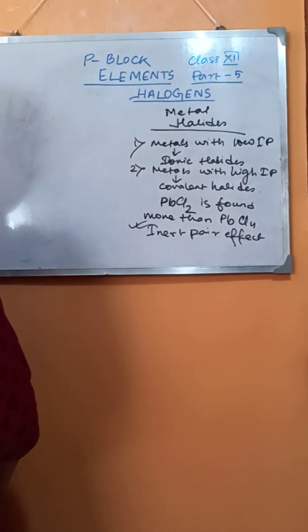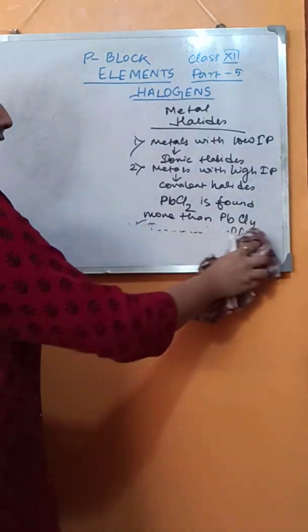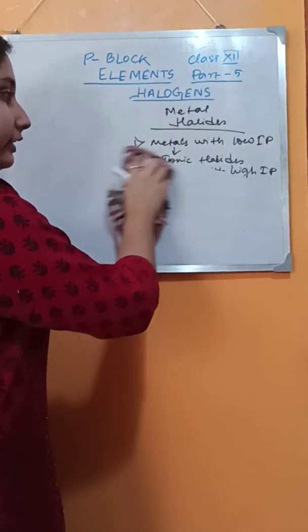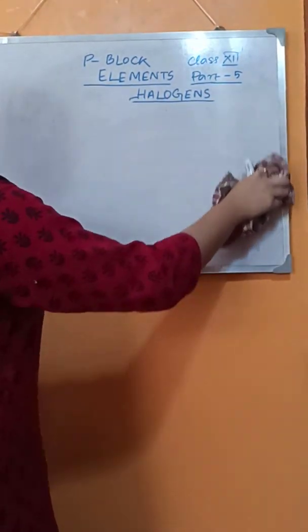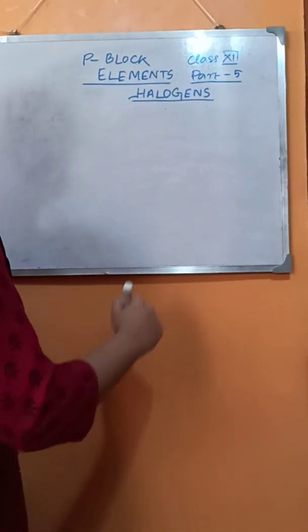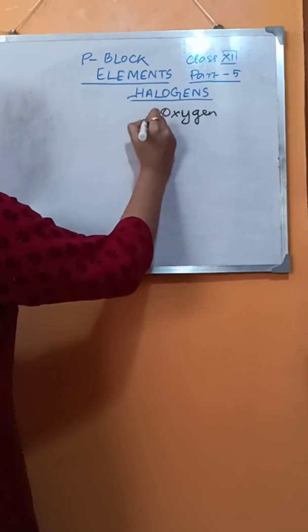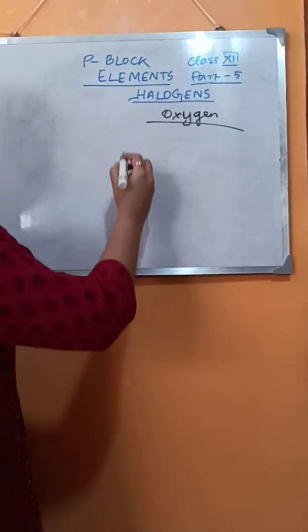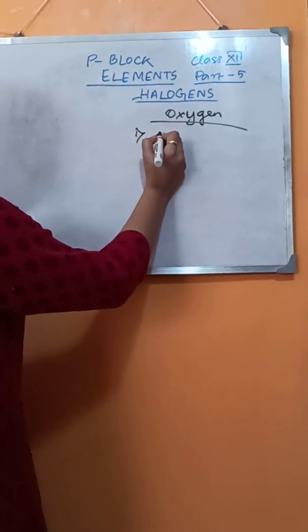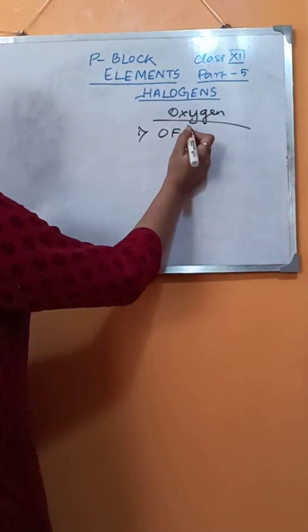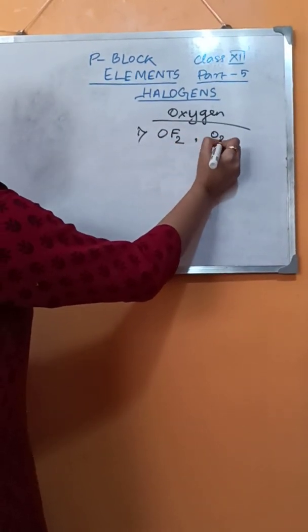Okay, the next part is the reaction with oxygen. Reaction with oxygen. In case of fluorine, two compounds are formed.